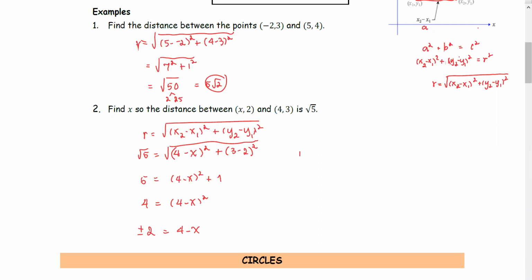So the first solution is when 4 minus x equals positive 2. The second solution is when 4 minus x equals negative 2. Simplify a little more and solve for x. x equals 2 for the first case and x equals 6 for the second case.